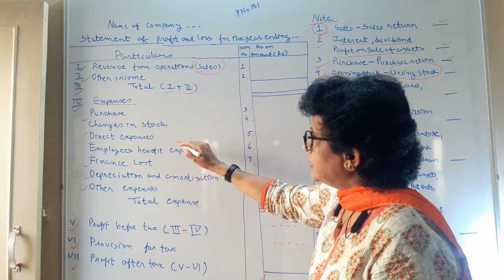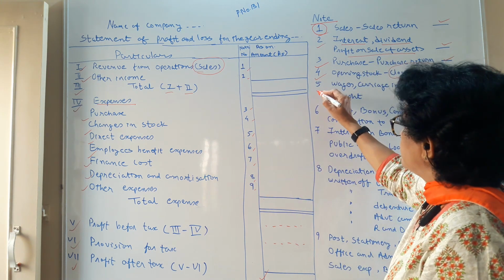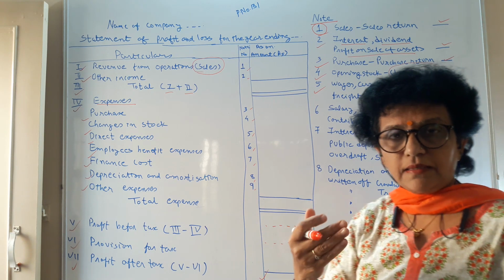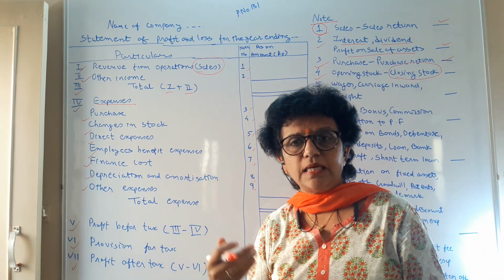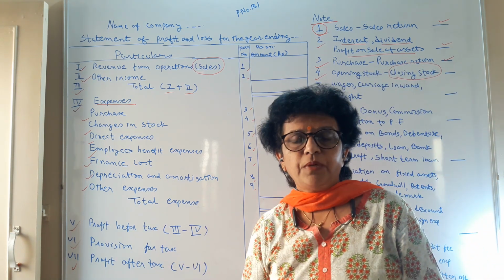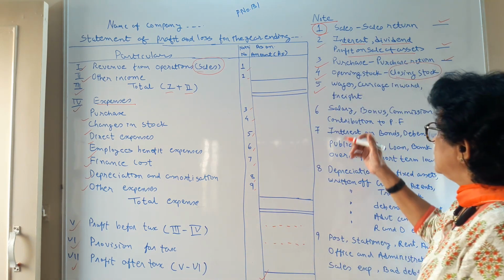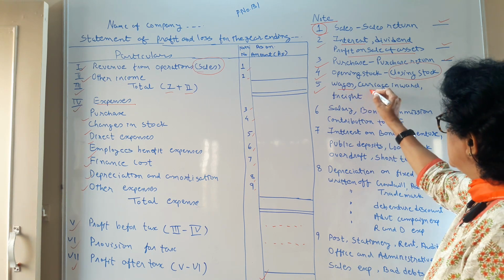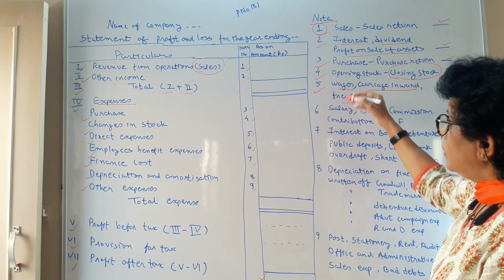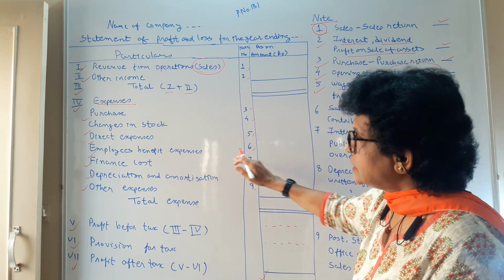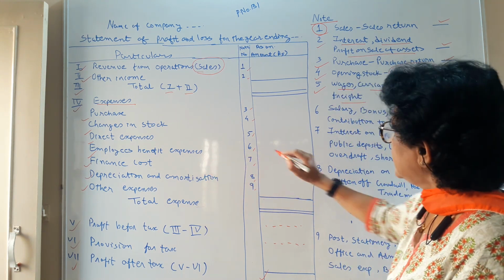In the fifth note, that is direct expenses. What sort of direct expense? We have learned the concept. Direct expense means the expenses which are related to the purchase, and all purchase related matters are to be considered. So you may have wages, carriage inward, freight, all will come as a direct expense. Next is employees benefit expense.